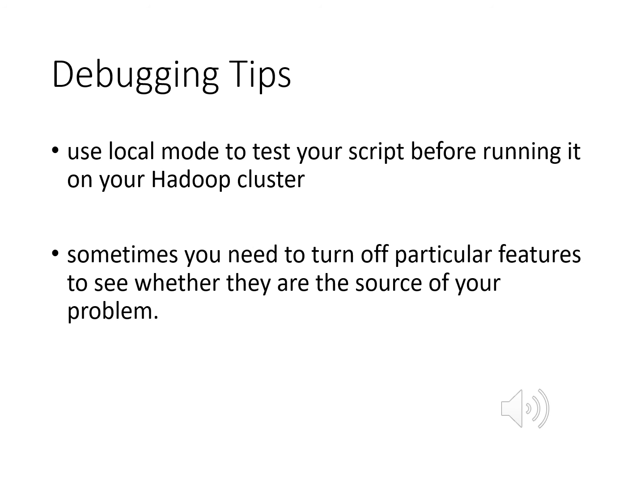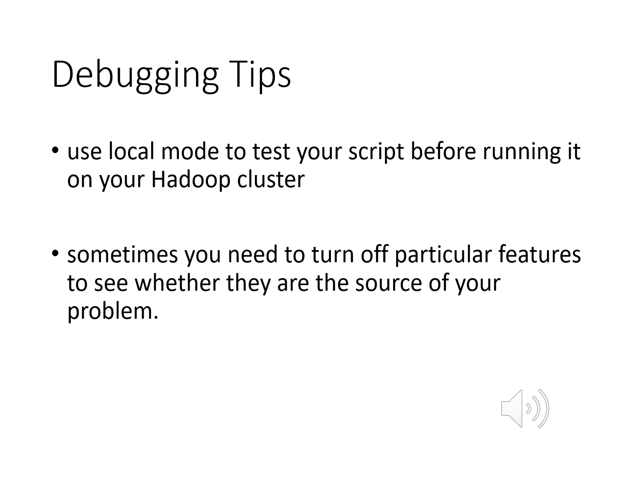Beyond the tools covered previously, there are a few things that are useful in debugging Pig Latin scripts. First, if Illustrate does not do what we need, we can use local mode to test the script before running it on the cluster.